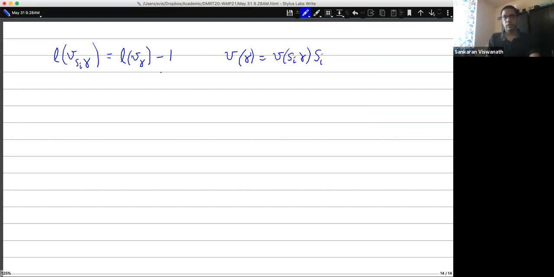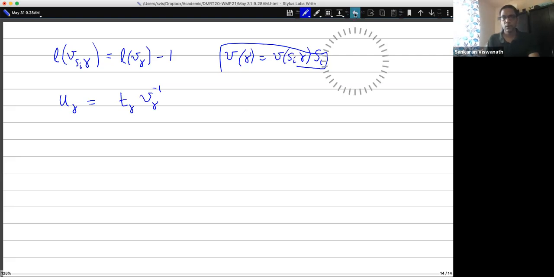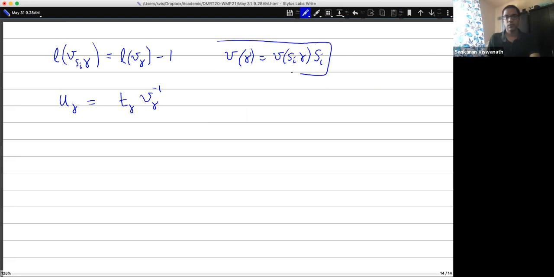Now let's figure out what the U looks like. We know something about the V now, which tells you something about the power of t in front. Let's fix the U next. So how do you find the U? U, recall, is just T gamma V gamma inverse, so you have to put the V gamma on the other side. I know how the V's are related.